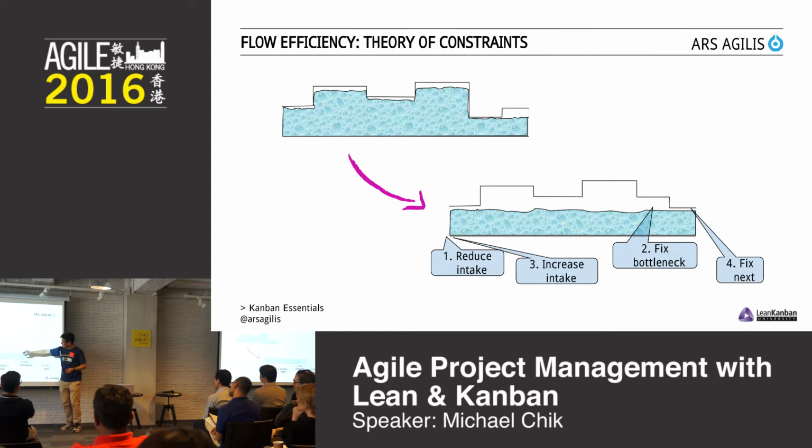So coming back to this one, in this case, to fix the bottleneck. Kanban doesn't tell you how to fix the bottleneck. It could be moving someone to a different team. It could be hiring more people. It could be merging two teams together. It could be many different solutions, but that depends on your organization. Fix the bottleneck, increase the intake again, find out where your next bottleneck is, and do the same thing.